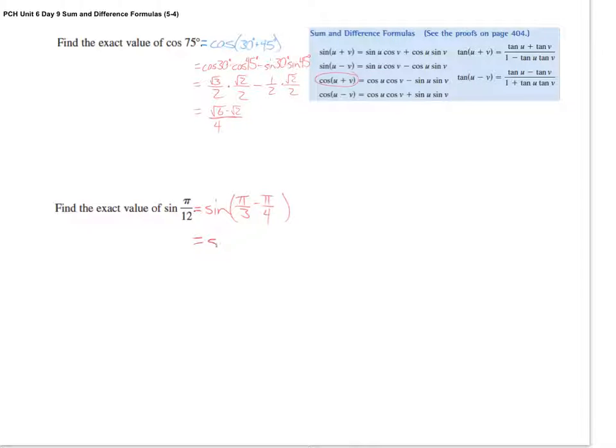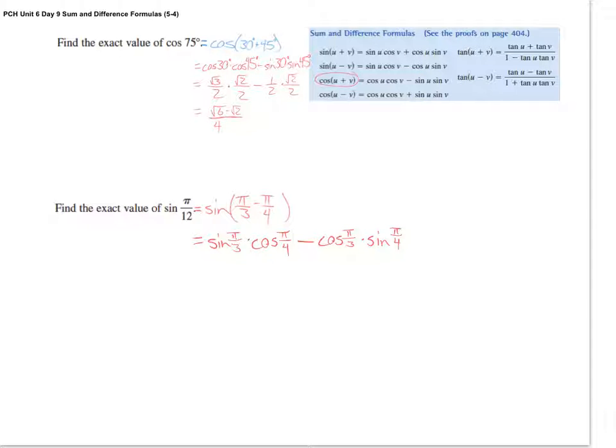So we have sine of pi over 3 times cosine of pi over 4 minus cosine of pi over 3 times the sine of pi over 4.